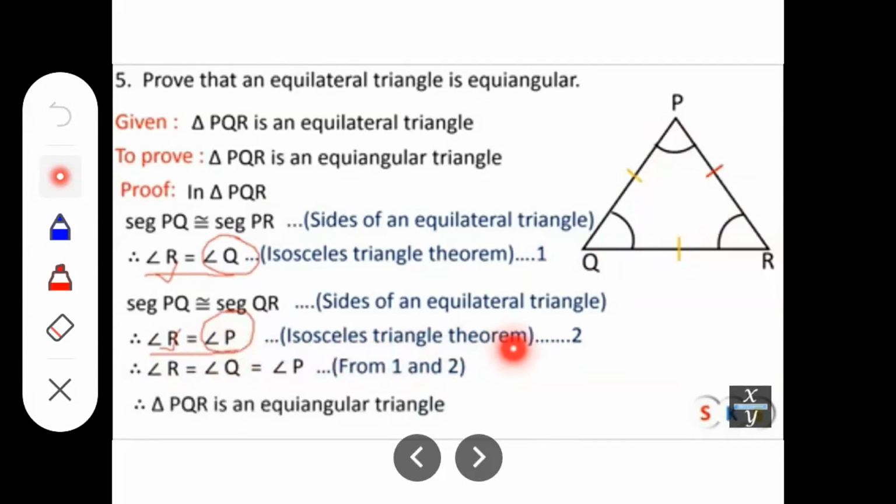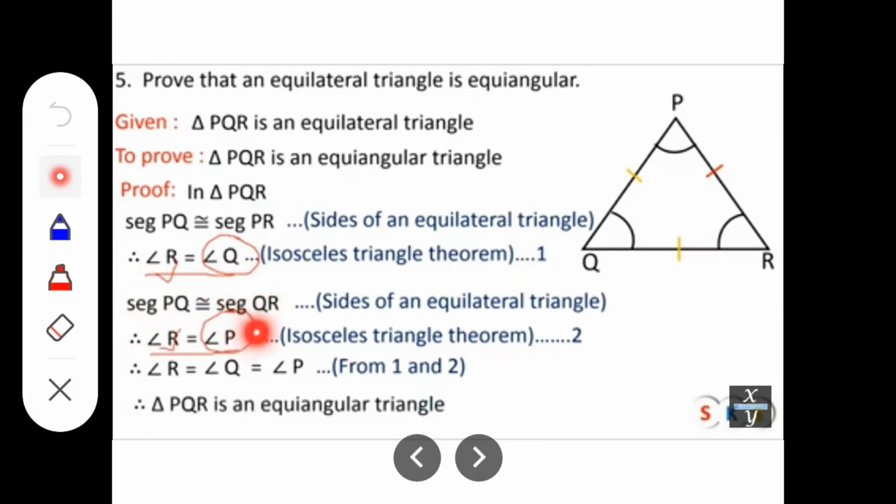Now from equation 1 and 2, see in both the equations, the LHS, angle R and angle R, the LHS of both the equations is same. So the RHS will be also same.